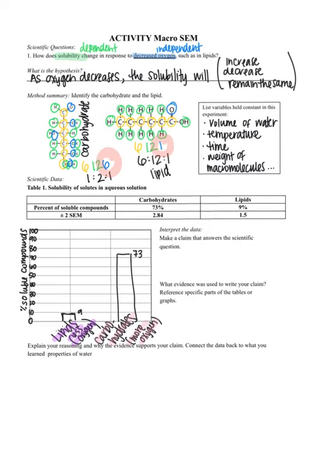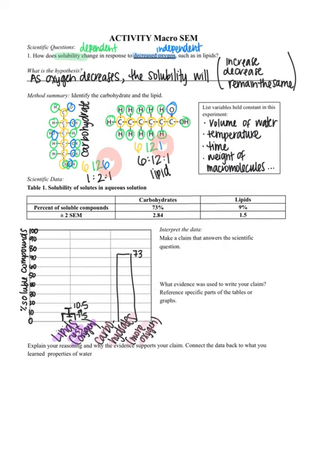In my table, I also have my 2 standard error of the means. So I am going to add and subtract that number from my average. For lipids, I'm going to add 1.5 to get the top of my SEM bar, which will give me 10.5. And the bottom is going to be 9 minus 1.5, which would be 7.5.